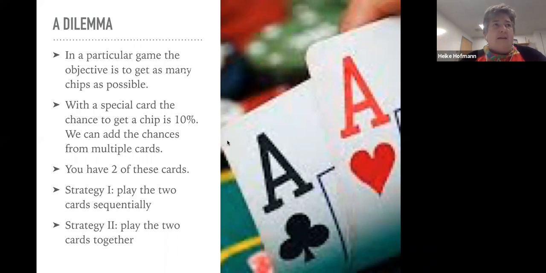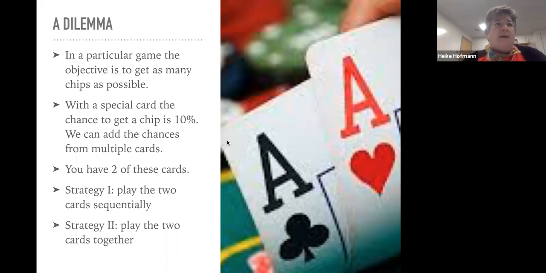So you have 2 of these cards. If you have multiple cards, you can add the chance. So you can decide whether you want to play 2 cards in one go and have 20% to get a chip, but only 1 chip.